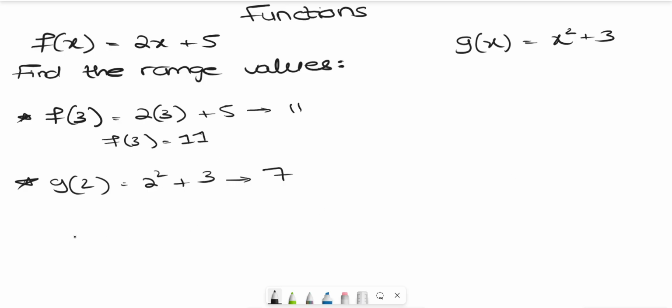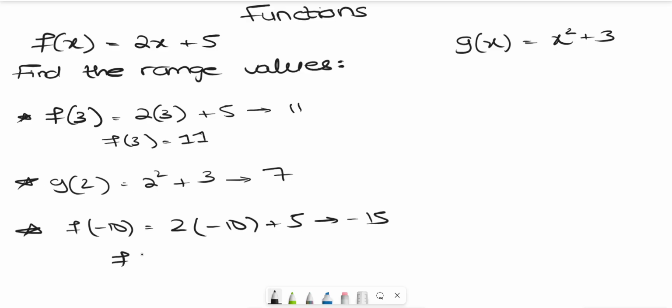Let's solve one more. f of minus 10. 2 into minus 10 plus 5 gives us minus 15. So f of minus 10 gives us the range of minus 15.